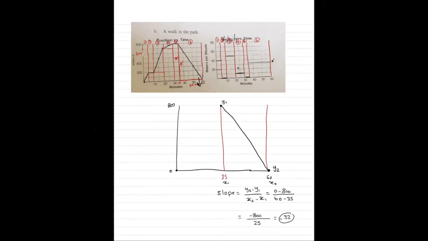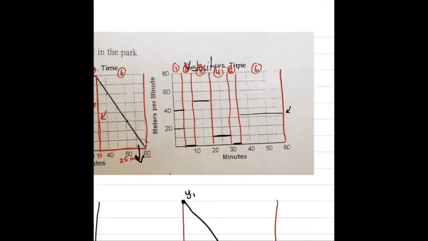So the velocity was negative. So if we want to represent it on this graph, our representation of a positive velocity would be incorrect. So this is something to be very careful about.